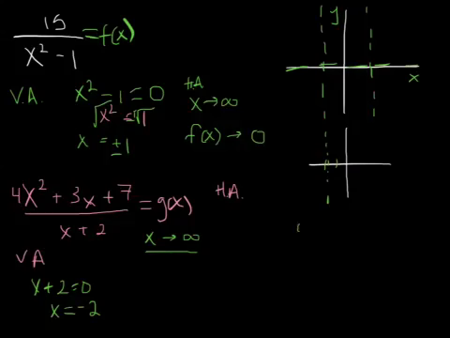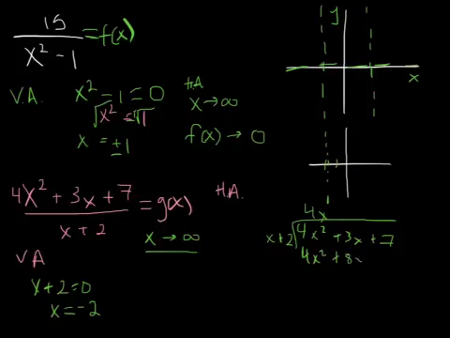I have 4x squared plus 3x plus 7, and I'm dividing it by x plus 2. I want you to go ahead and do that on your own and check back when you're finished. So x will go into 4x squared 4x times. 4x times x plus 2 gives 4x squared plus 8x.